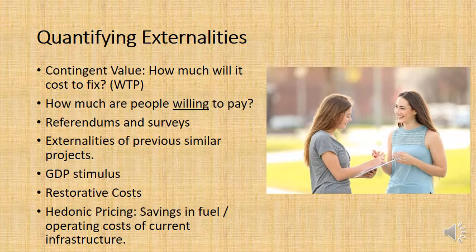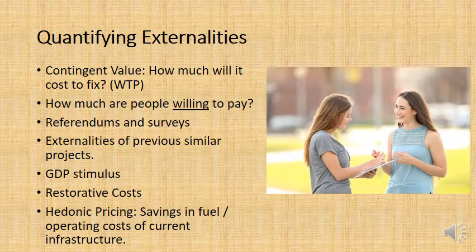One of the things that needs to be considered is the savings in fuel and operating cost of the current infrastructure. What do I mean by that? Well, if you have a wind farm that is producing 10 megawatts of power, that means the current gas generator can produce 10 megawatts less of power every day because the wind is going to make up the difference.